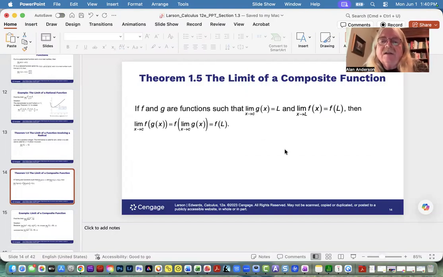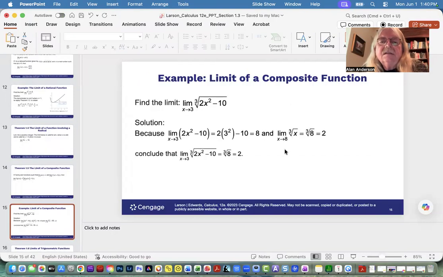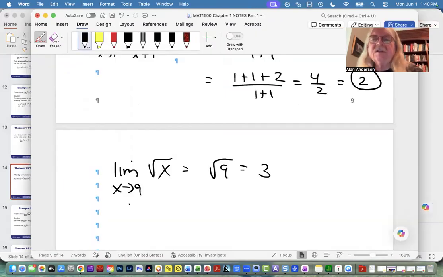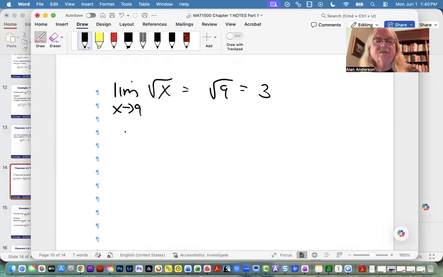Oh, now these are composite functions. We went over this the other day. Okay, so what they're saying is that the limit of g of x, this is going to be a little bit messier, as you can imagine.